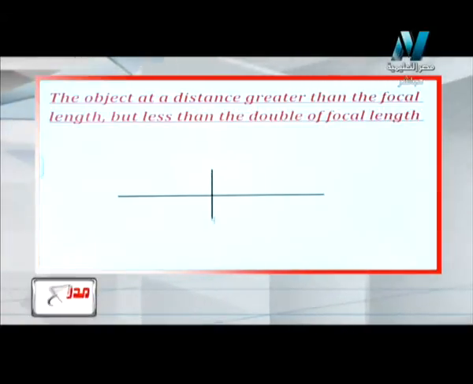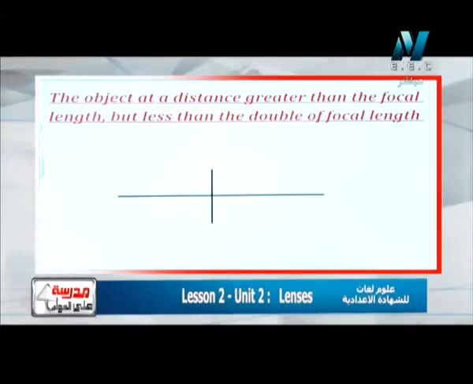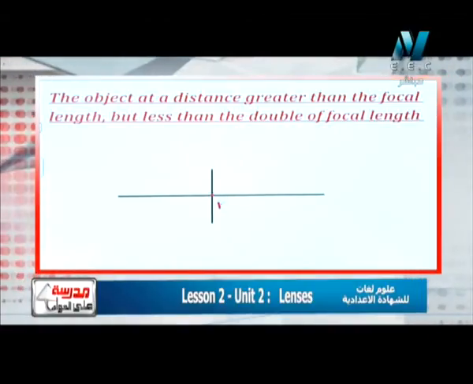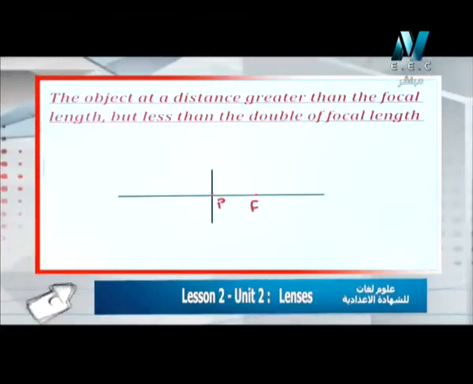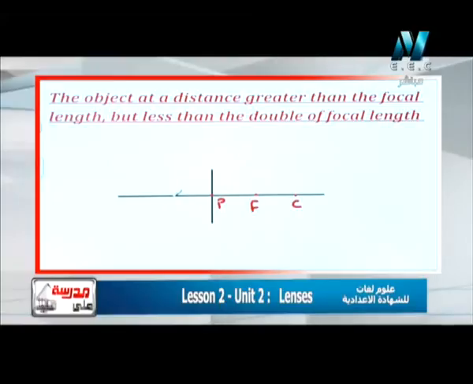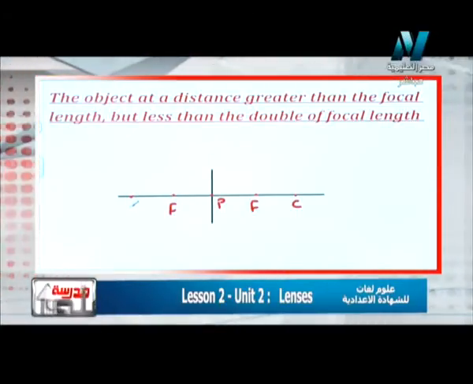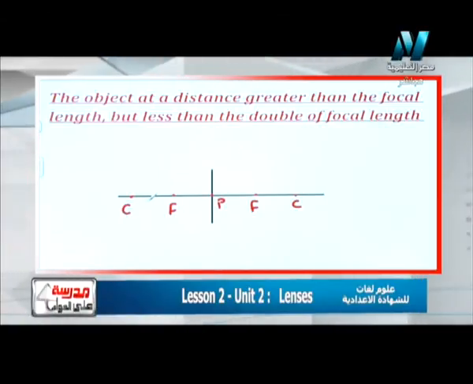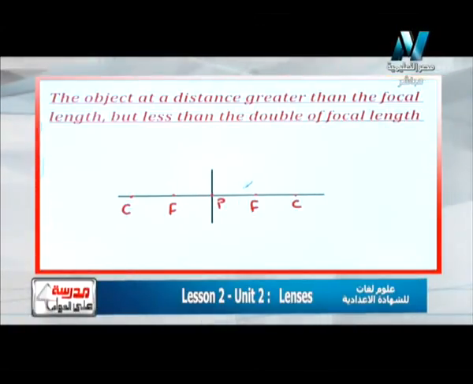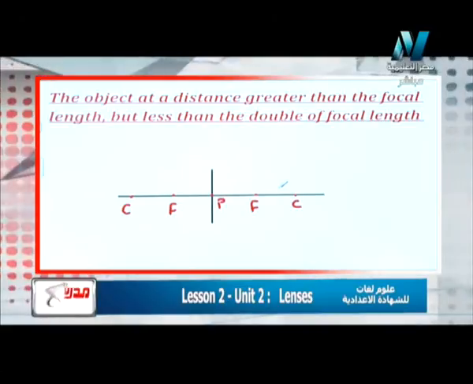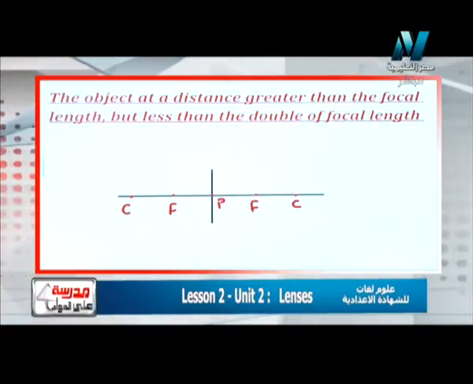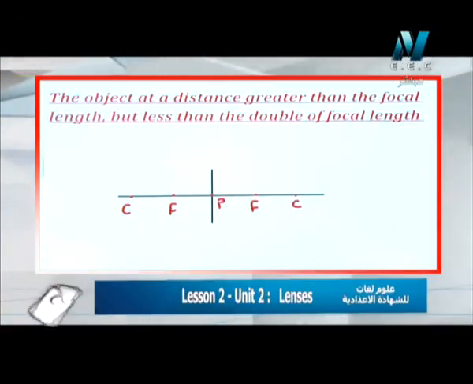We will put four equal distances, P, F, and C, equal to each other, 3 centimeters each. For example, some students may put them 4, 4, 4, and 4.